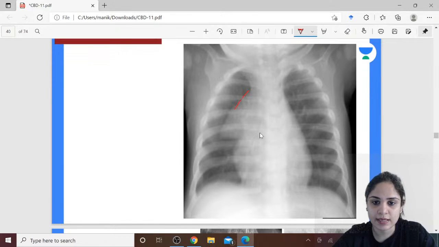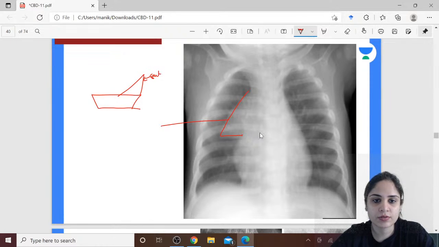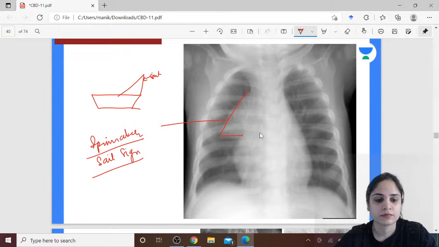You can see the thymus is lifted up, and it looks like the sail of a boat. Remember when we were kids we used to make that boat? So this is the sail of the boat. This is called spinnaker sail sign. In which condition is it seen? Anyone? Any idea? Yes, spinnaker sail sign is also seen in case of pneumomediastinum.